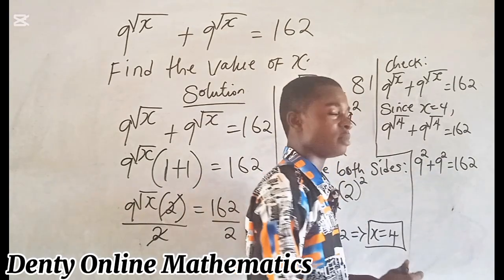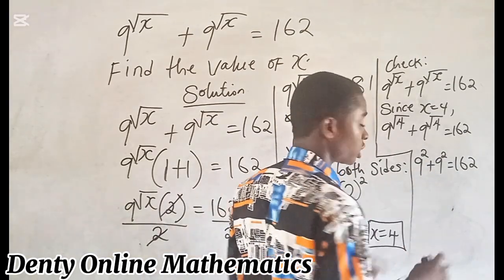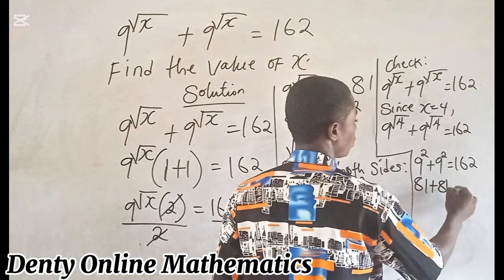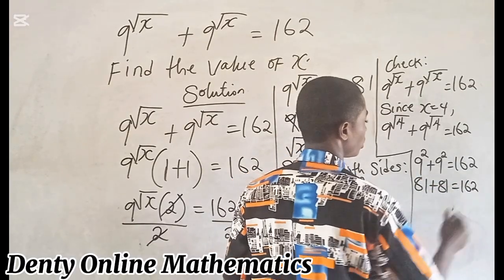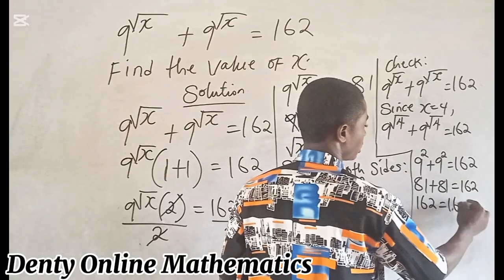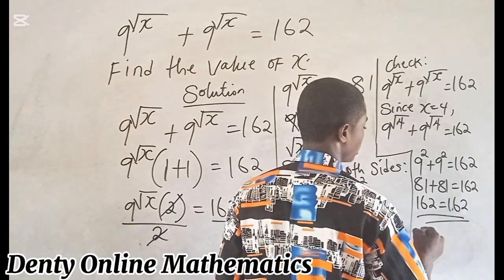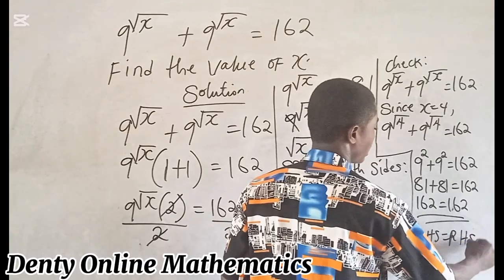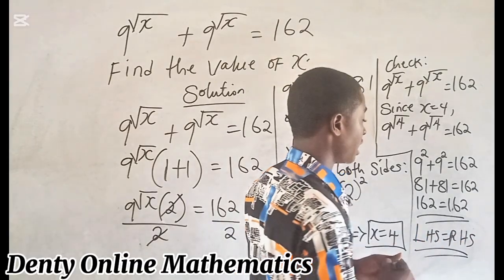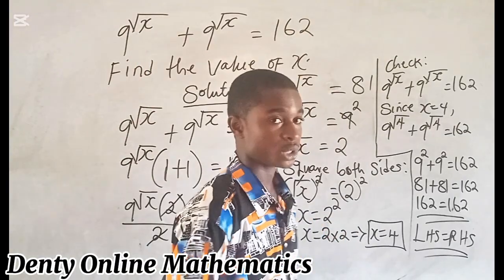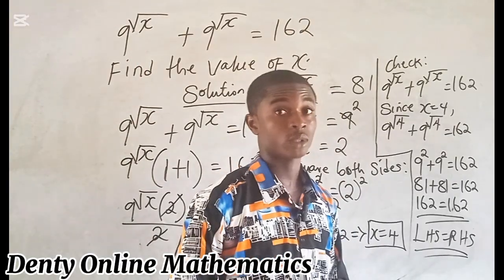Now 9 squared means 9 times 9, which is 81. So 81 plus 81 is 162, equal to 162. So from this you can see that the left hand side is equal to the right hand side. Therefore the actual value of x that will satisfy this equation is 4.